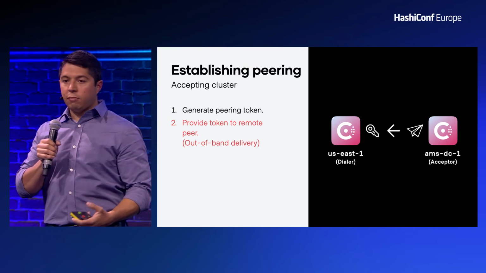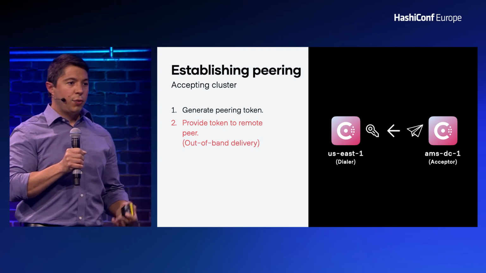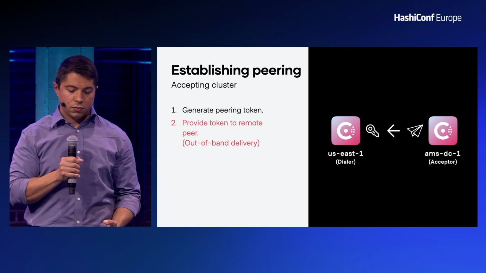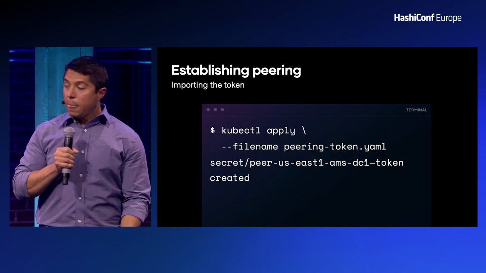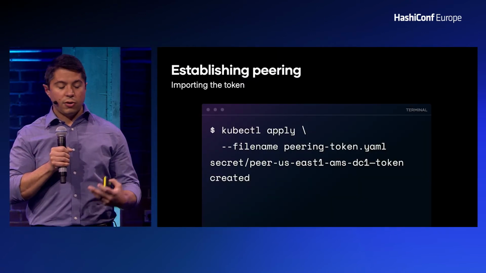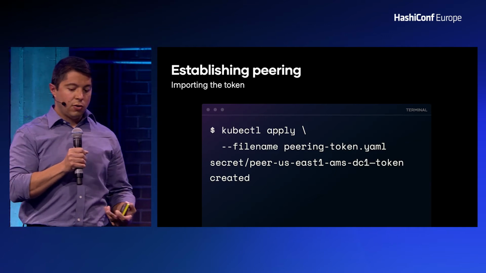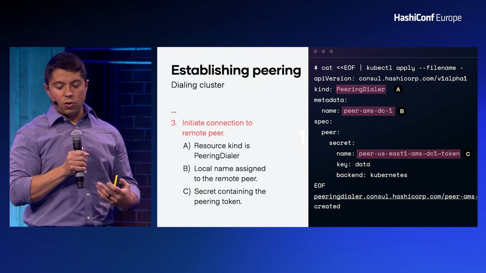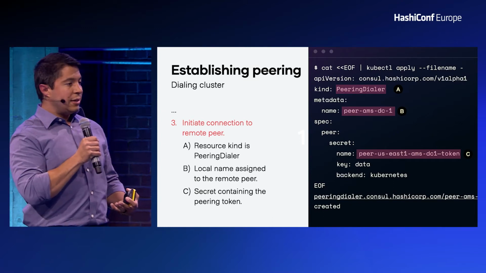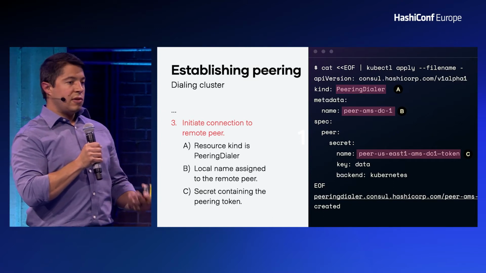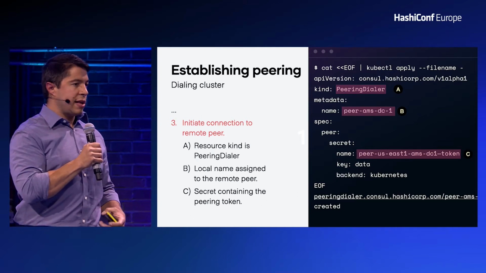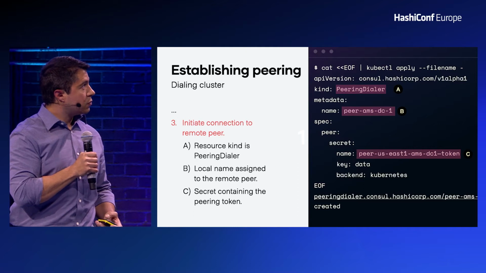This could be encrypted email or any other method, but again, it's handled out-of-band, separate from Consul. Then the other cluster administrator will import that secret into their cluster and create a peering dialer resource that references that secret in order to initiate the connection outbound to the accepting cluster.